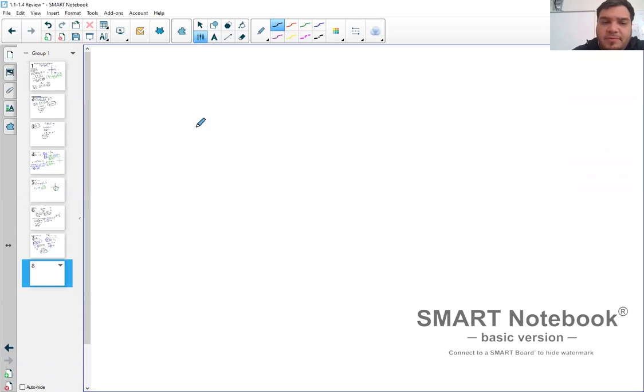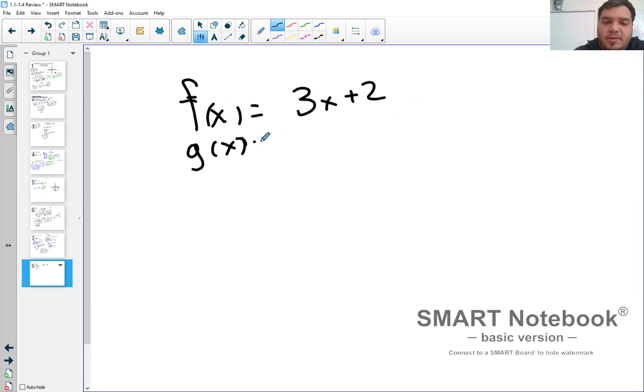Next stuff is a bunch of plug-in function stuff. So let's say f of x is 3x plus 2. I'll say g of x equals 7x minus 1. In this one, when I have an f and whatever I plug in here, let's say a 2, I replace every x with a 2.